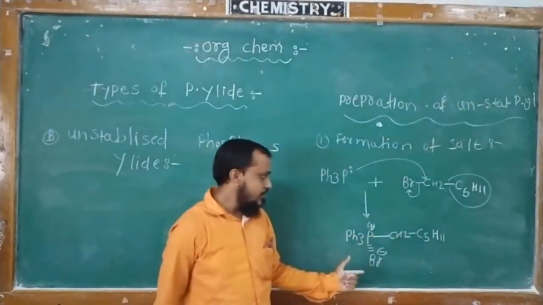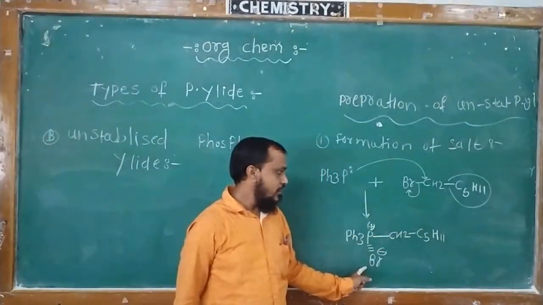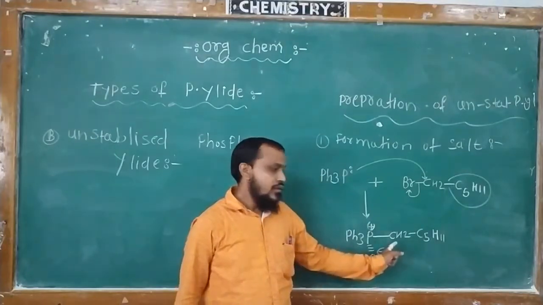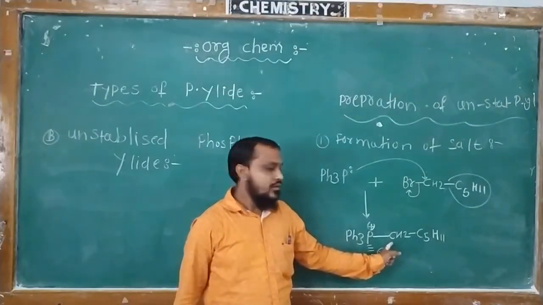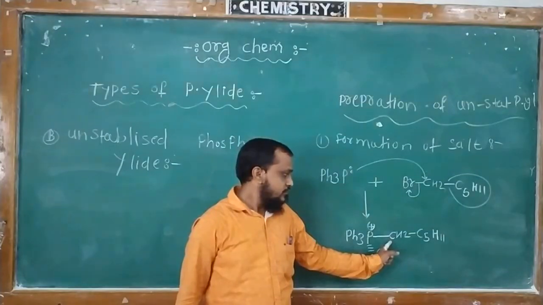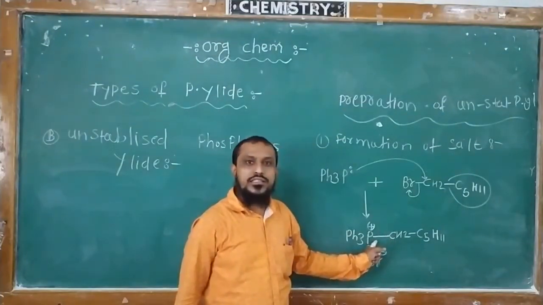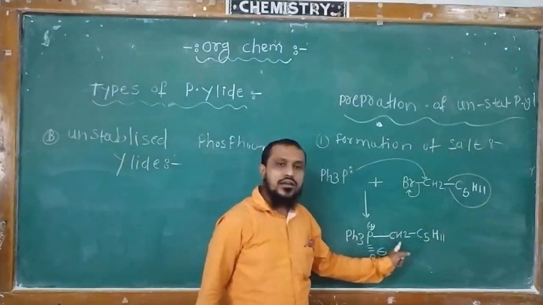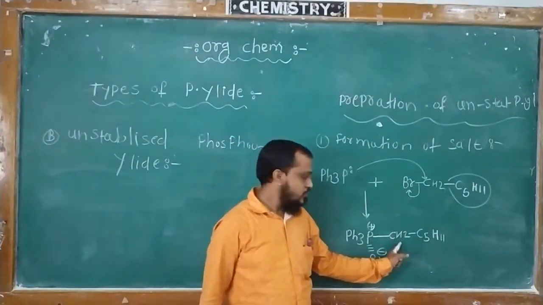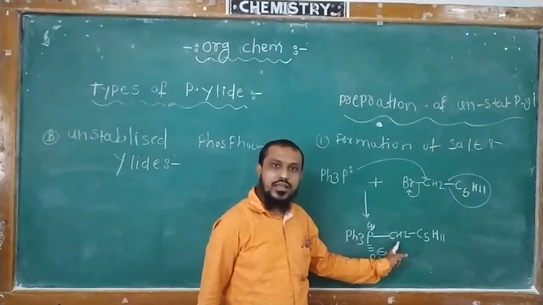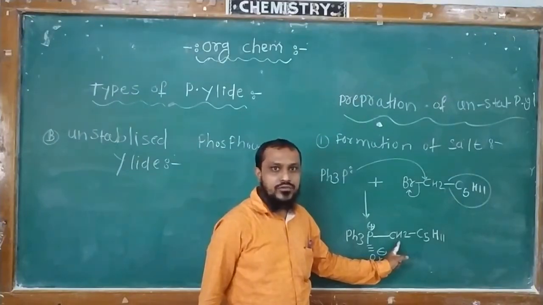We know that in the salt, the carbon adjacent to the positively charged species has more acidic hydrogen. So here two hydrogens will become more acidic and will be easily available to remove.